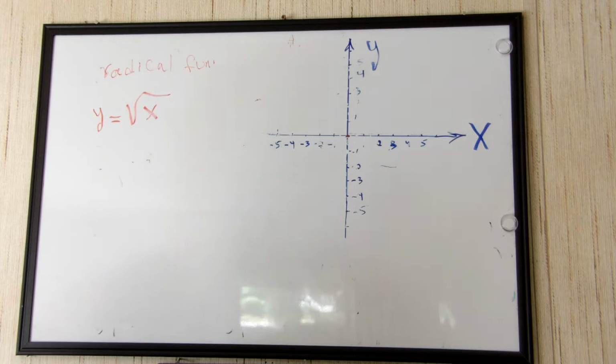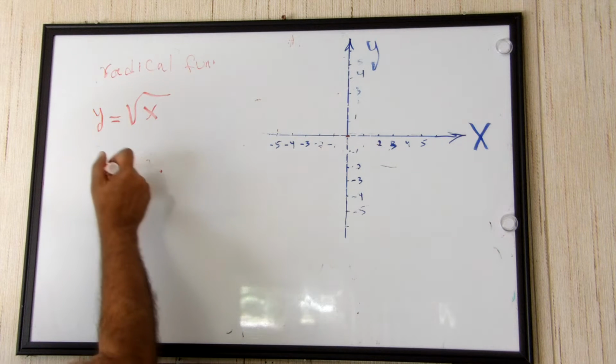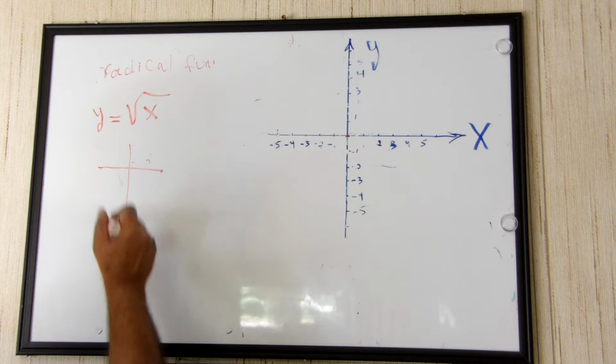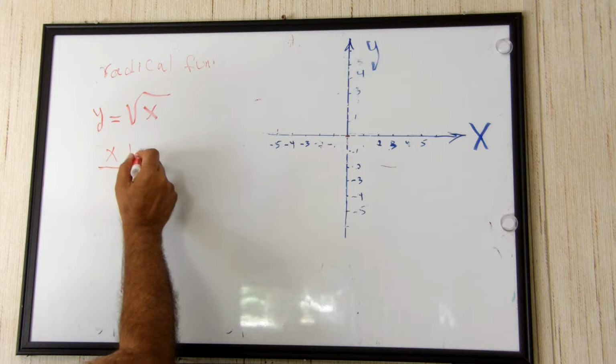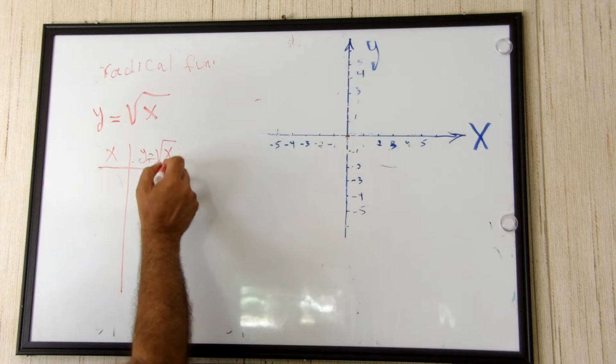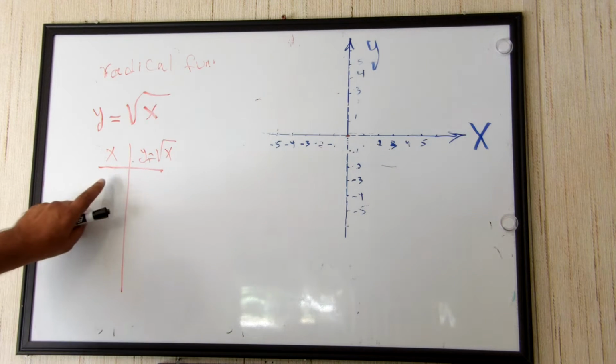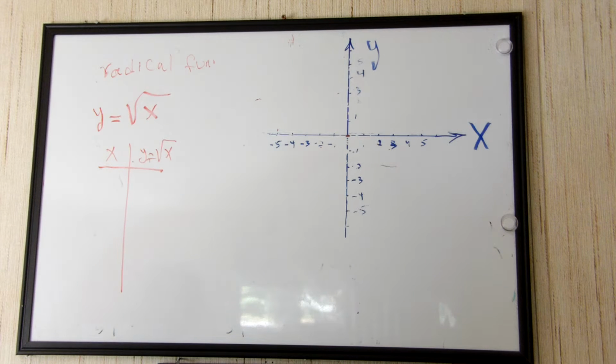this one. So what you usually do when you want to graph this, you give values to x and find the y value. And then you make an input table, output table. This is the input x and the output here is y. So you have to choose x such that if you take the square root of that, it is going to be a number, not a decimal.